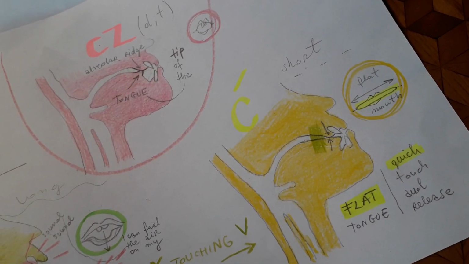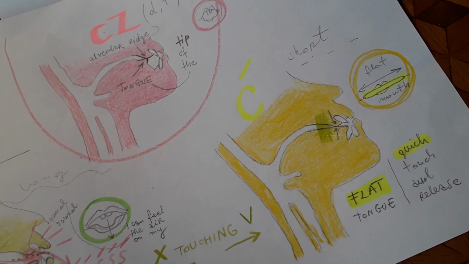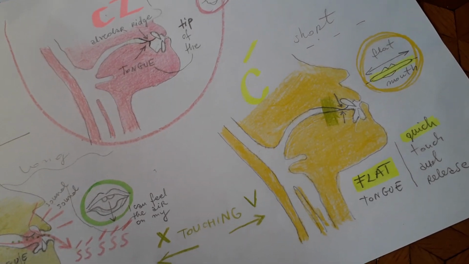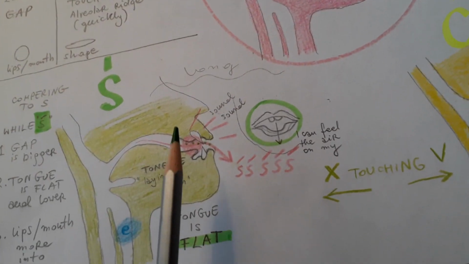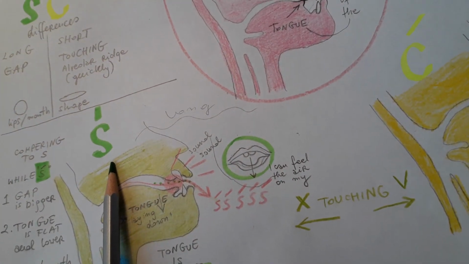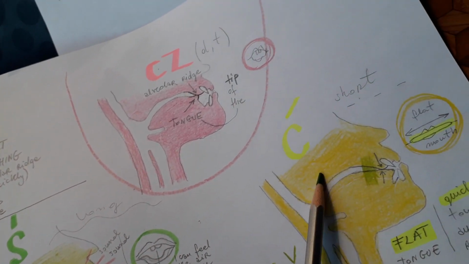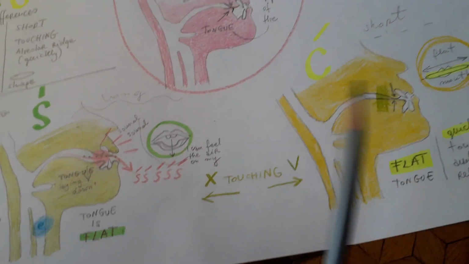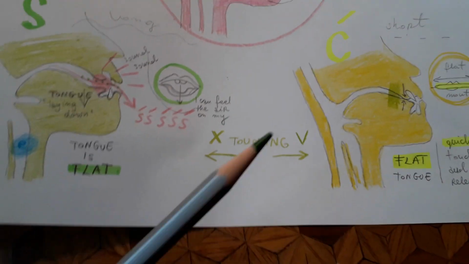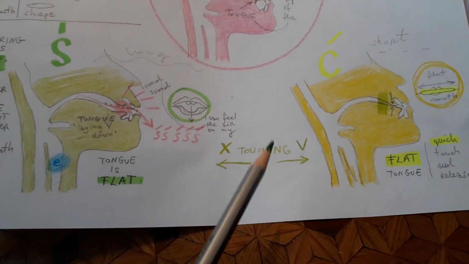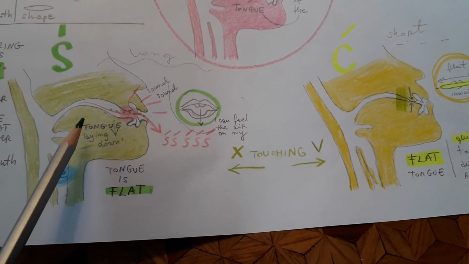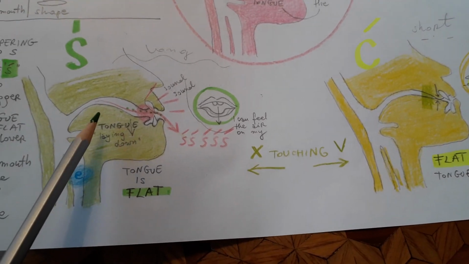I think this sound is the most difficult because ś is nearly the same as s, but this ć. Oh, I know, I did it. Here, let's imagine you know how to say ś.